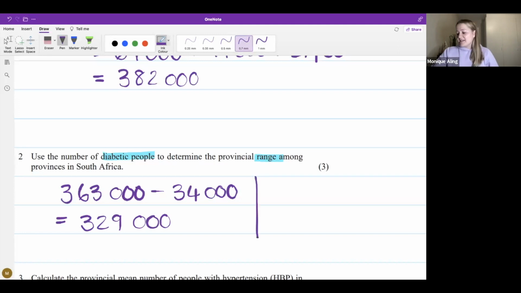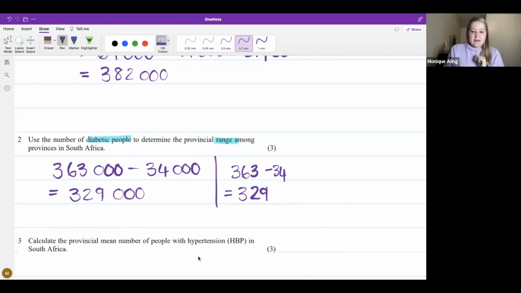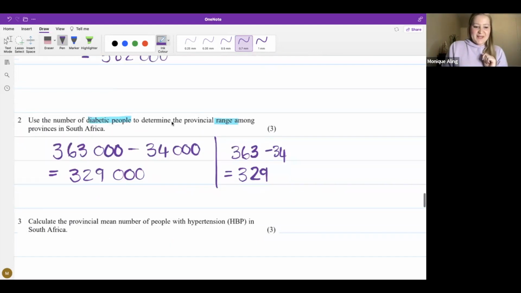You can write it out as 363 minus 34, which will give you your 329 as well. It's how they've given you the data, so you can also use the same numbers. Okay, fantastic. Looks like you all got that. Well done.